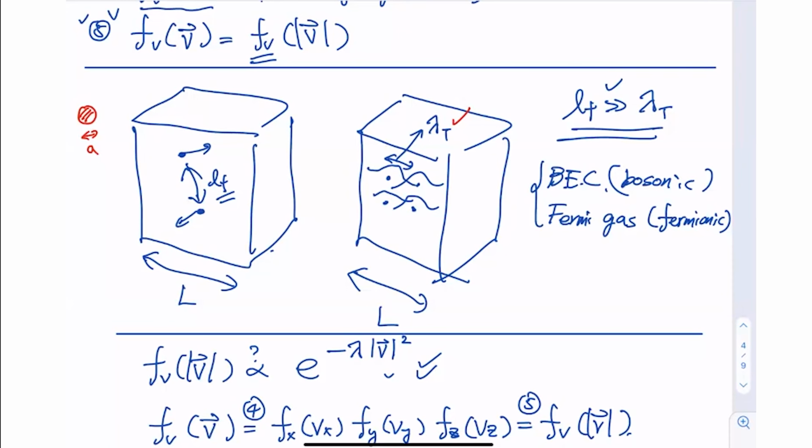Then the meaning of dilute is that the mean free path of your system, basically this L_F, should be large compared with the size of your microscopic components. That's basically this length scale a.